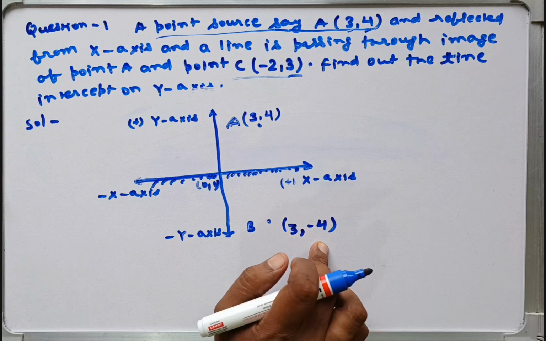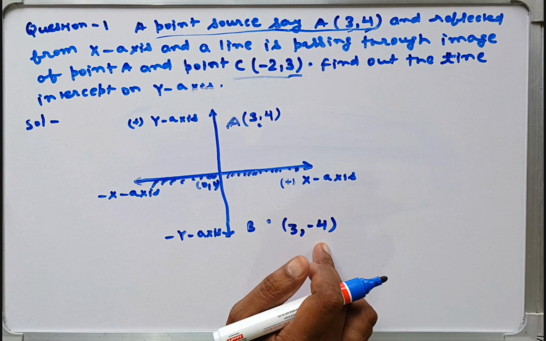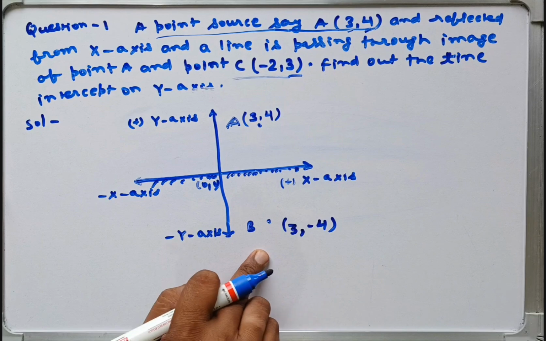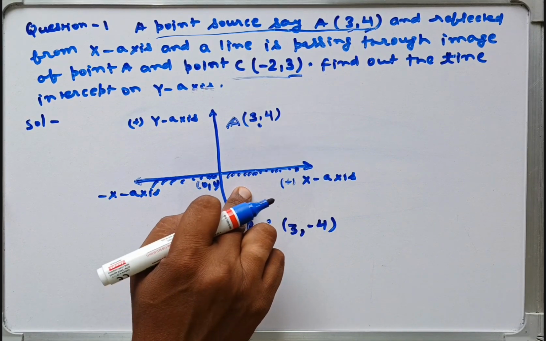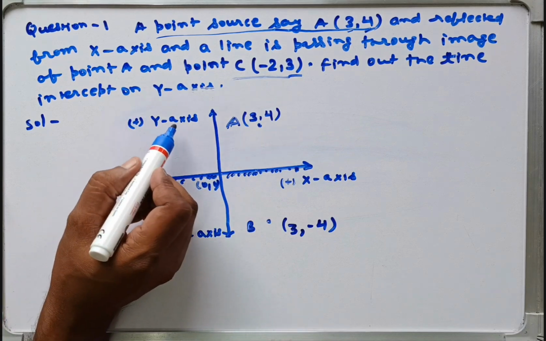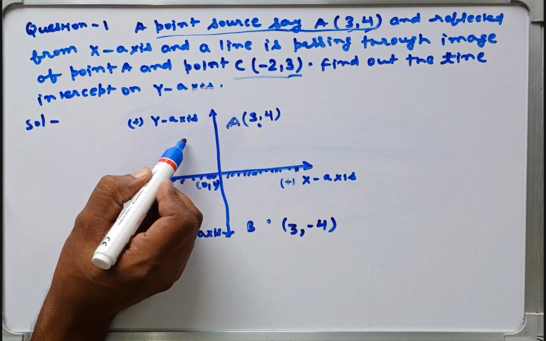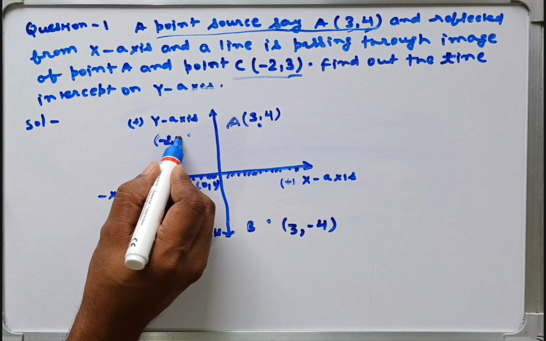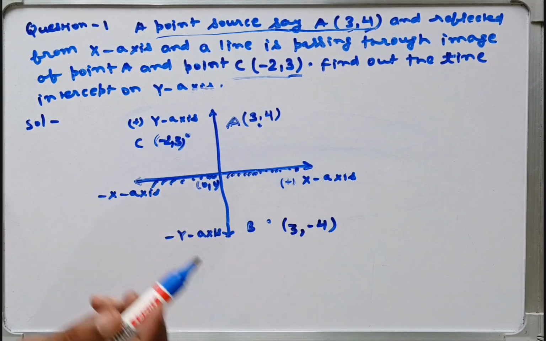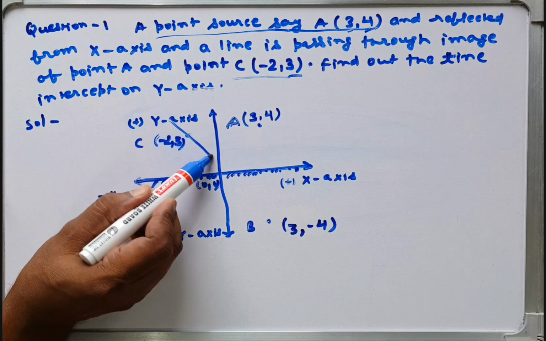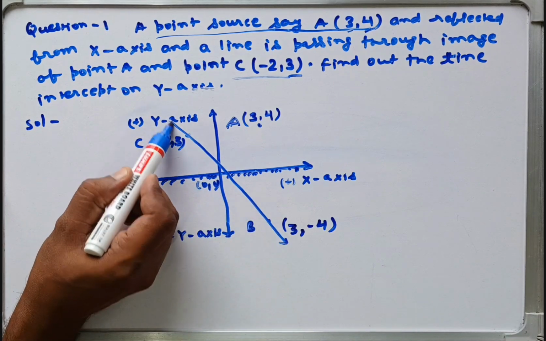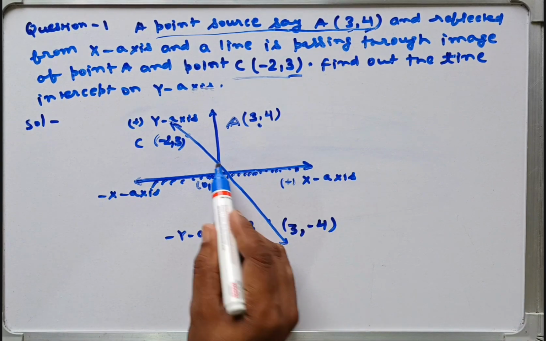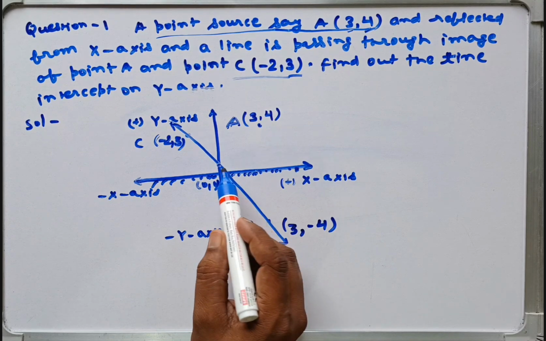The question is saying a line is passing through the image of this point on the x-axis to point C. Suppose point C is here, -2, 3. Now a line is passing like this.